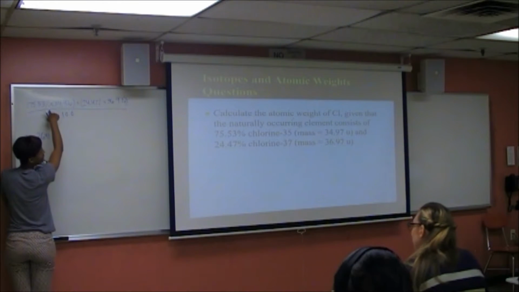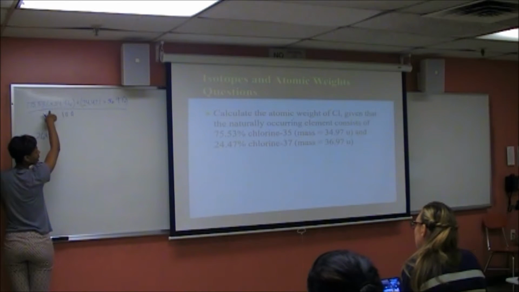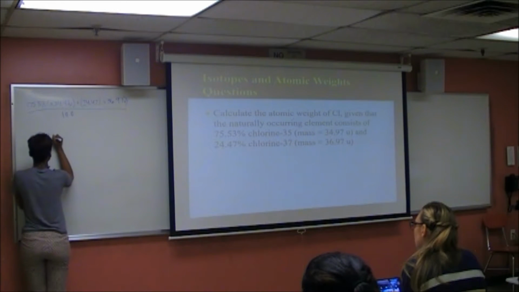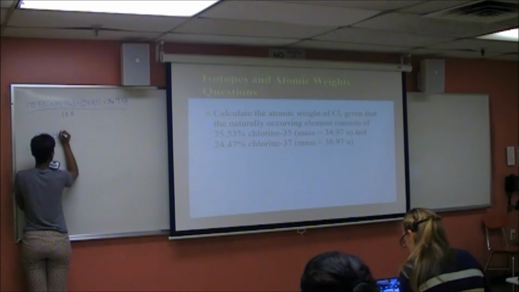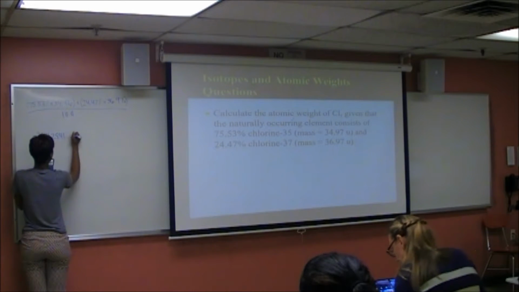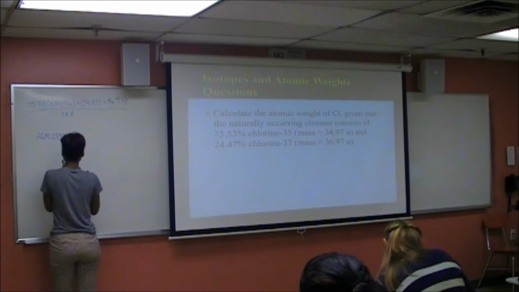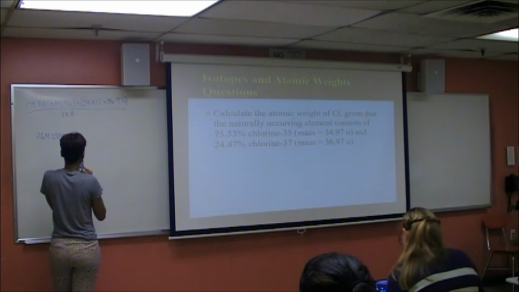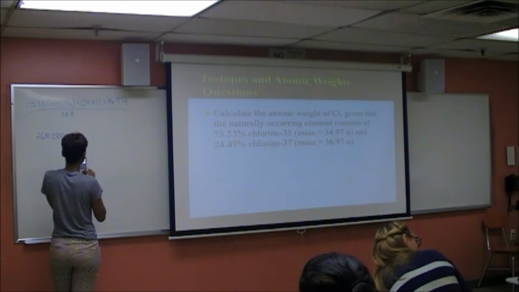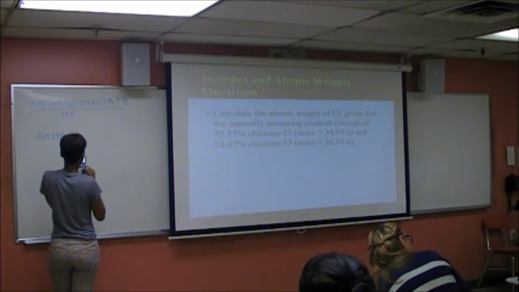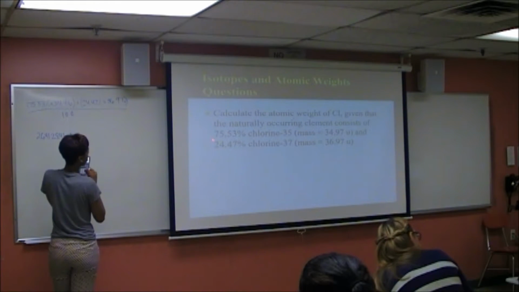You said you don't do significant figures yet, right? You keep everything. Okay. Why do you divide by 100? Because I don't like to work with percentages. You have to remove percentages.